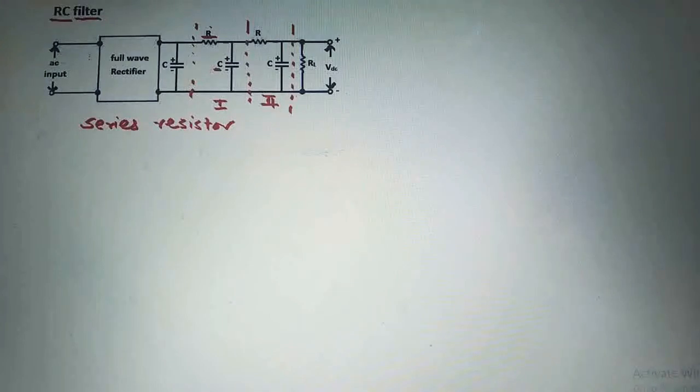See here, there is a resistor and capacitor.